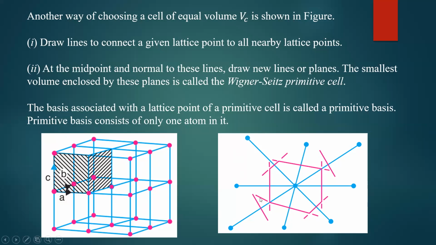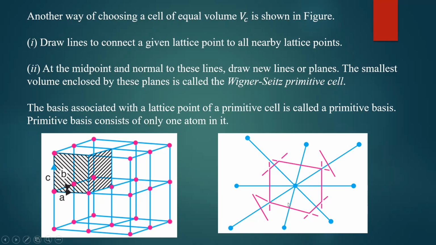Like that, you draw the perpendiculars to the lines joining the lattice points. Then you find the volume enclosed by these perpendiculars. That is called the Wigner-Seitz primitive cell. And look at this figure. This Wigner-Seitz primitive cell contains only one lattice point in it.